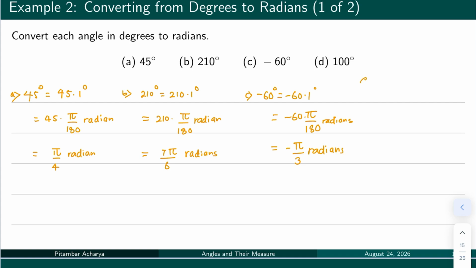Similarly, 100 degrees equals 100 times 1 degree, 100 times pi over 180 radians. We can simplify this one and get the value 5 pi over 9 radians.